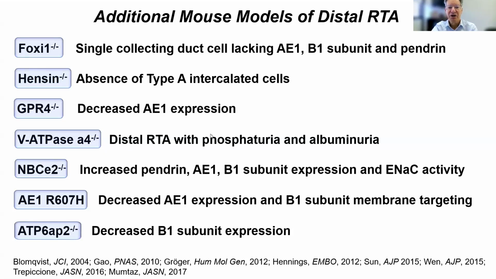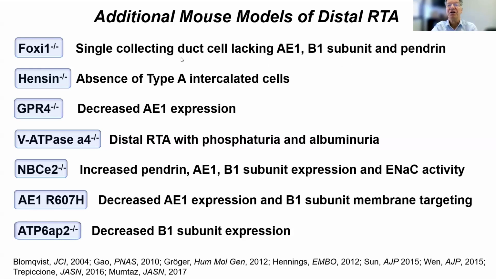I won't get into the different phenomenology, except to say that the FOXI1 transcription factor has not only been found in mice, but is now a cause clinically of distal RTA, familial distal RTA. This is a transcription factor in type A intercalated cells, and these patients have problems actually creating these proteins, AE1, beta-1 subunit.